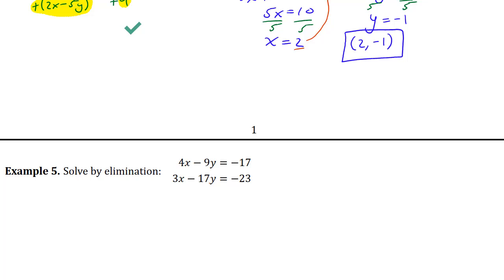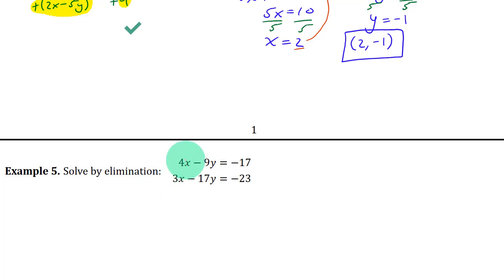So the thing you can do is make it so either the x coefficients or the y coefficients are the opposites of each other. And I think an easy way to do that, or relatively easy, is, well, let's see, I can do 3 times 4, which is going to be 12, and you could also get a negative 12 here.